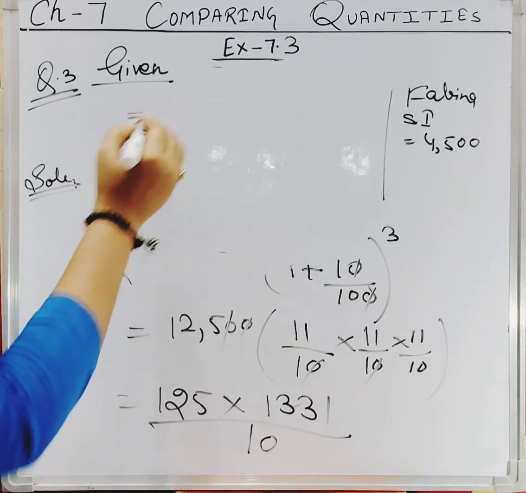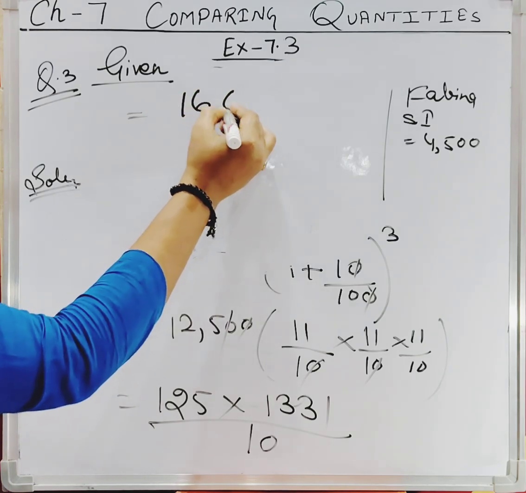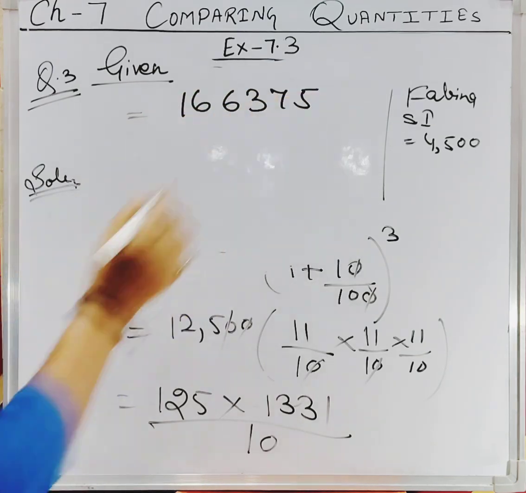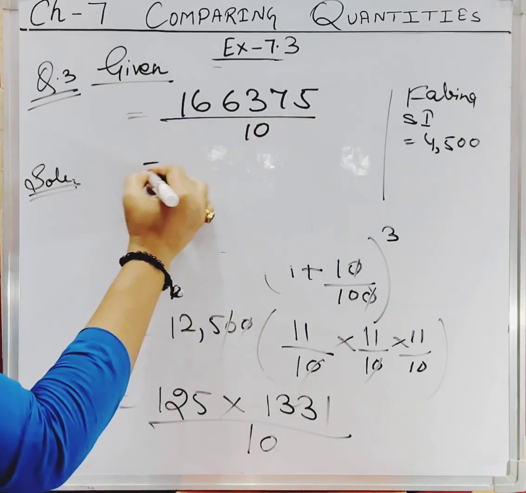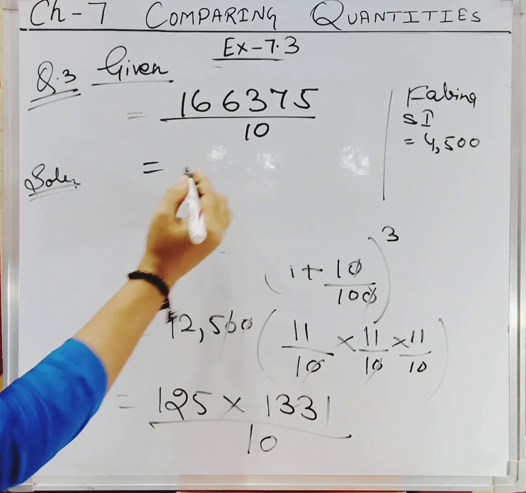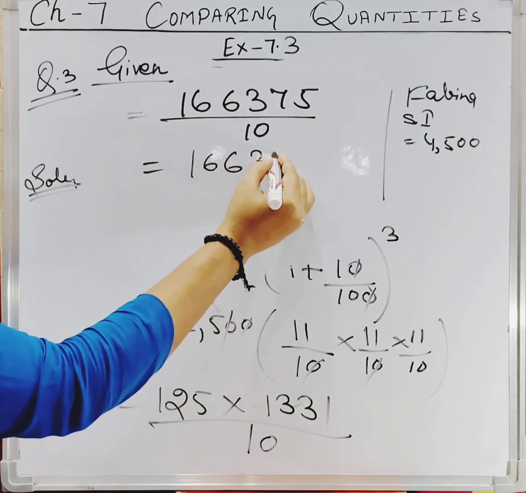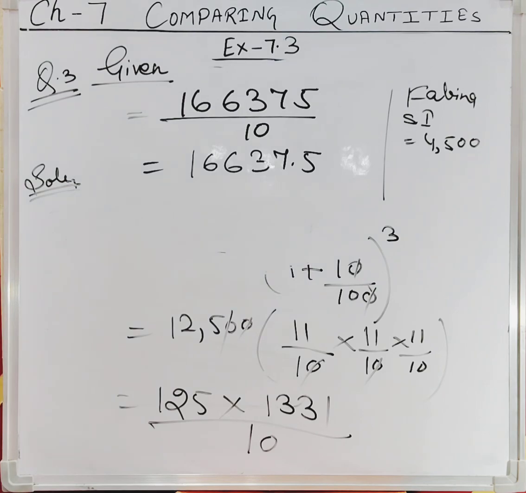After multiplication we get 166,375 upon 10. To remove this 10, just place the decimal after one digit from the right-hand side. So this is the amount.